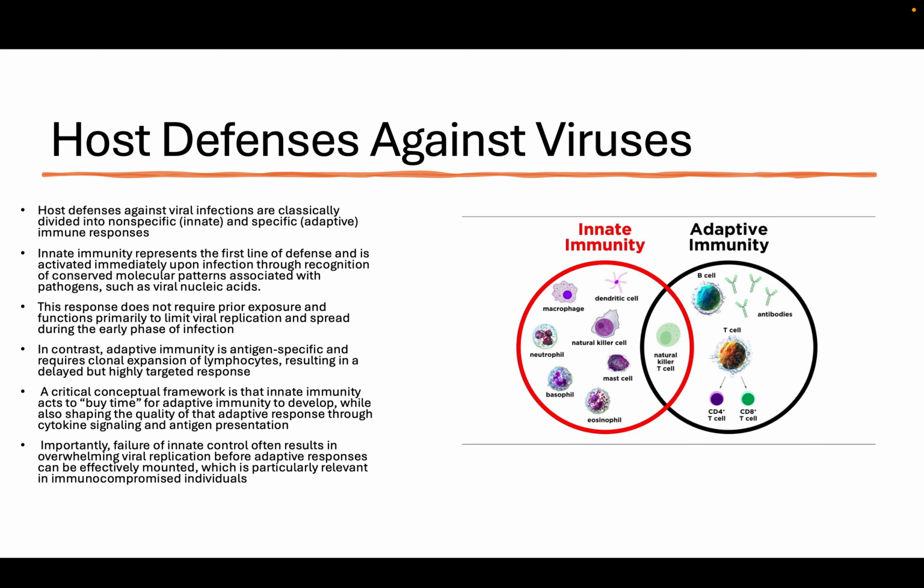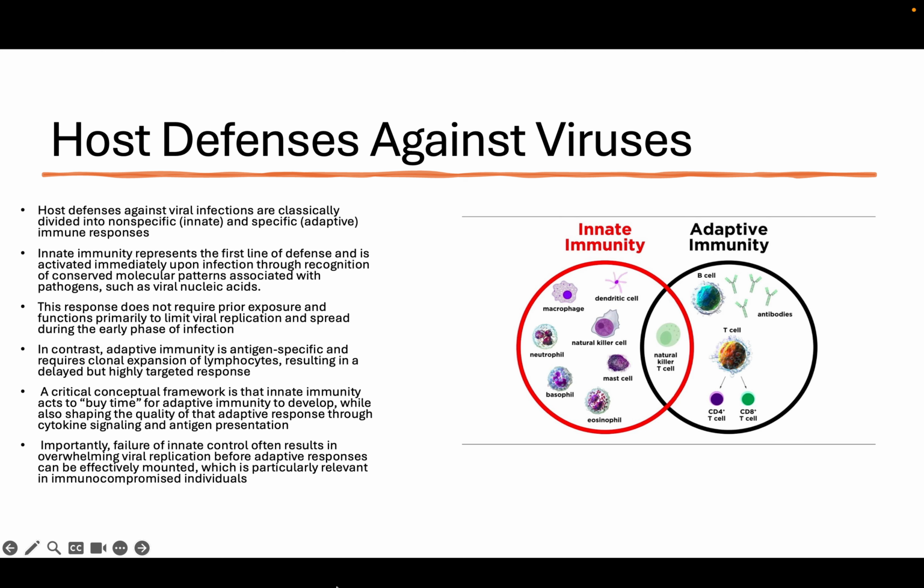So your innate immune system is the first mechanism that is trying to prevent viral infections from occurring. It's helping at the beginning, and at the same time, it's also teaching your adaptive immune system to come in later. So think about that.